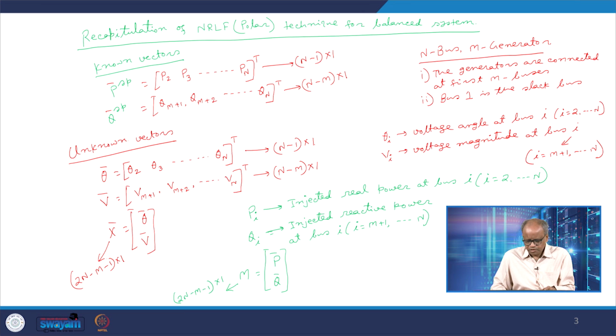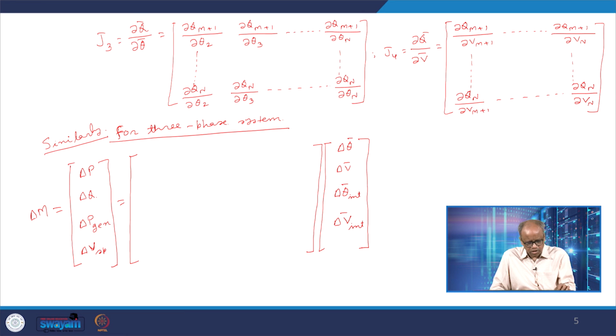In the case of three phase, what I have got is 4 subvectors in the known vector and 4 subvectors in the unknown vector. So then therefore by following this same logic, the number of submatrices in the Jacobian matrix should be 16, right. I mean it would be 16 because 4 into 4.